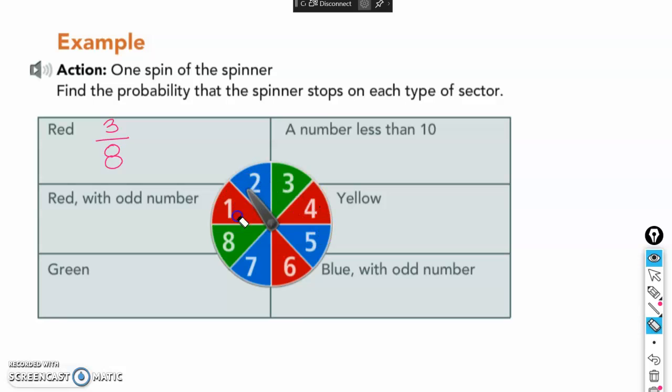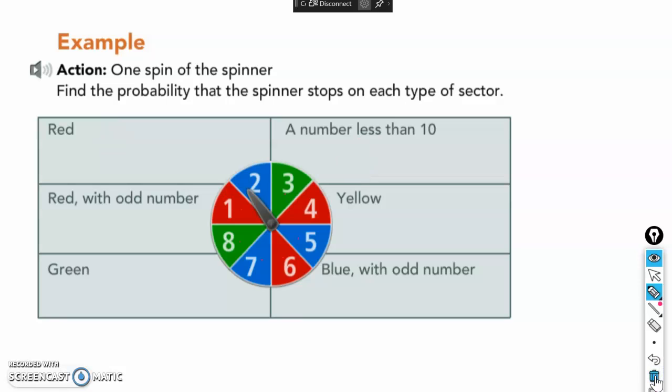The next one we see shows a number less than 10. If we look at our spinner, all of the numbers 1, 2, 3, 4, 5, 6, 7, 8 are all less than 10. So that means 8 out of 8 numbers are less than 10, which means that all the numbers on one whole are less than 10.